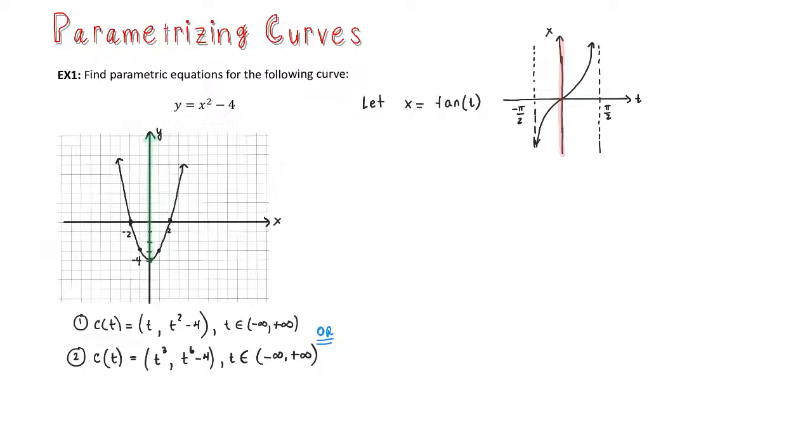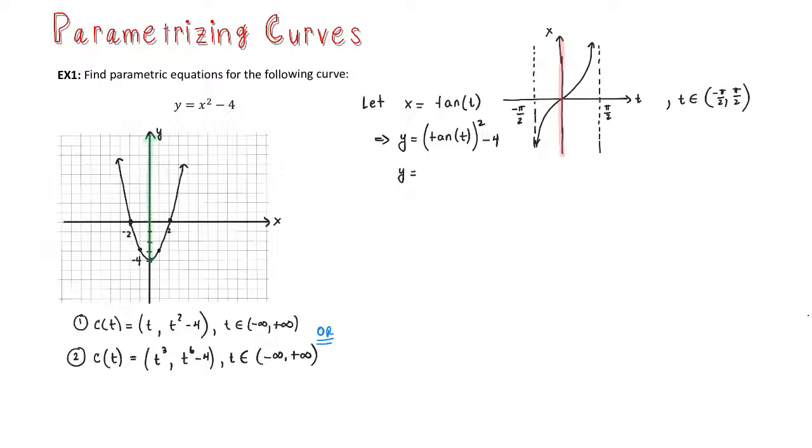So this is definitely a good way to parameterize this curve by letting x equals tangent of t and then making a note that t is going to be within -π/2 and π/2. So that means that y is going to be equal to tangent of t, we square that, minus 4.